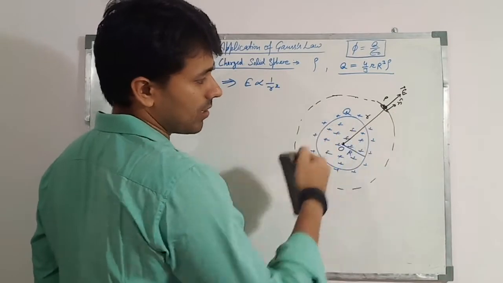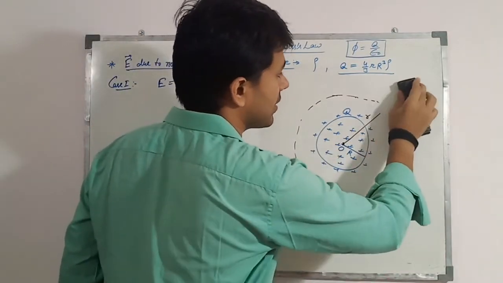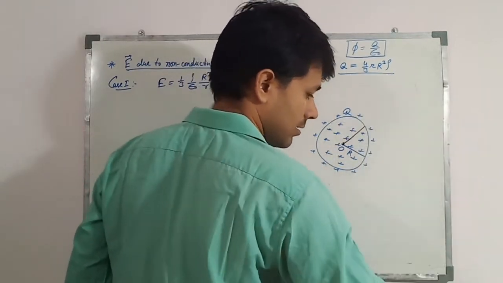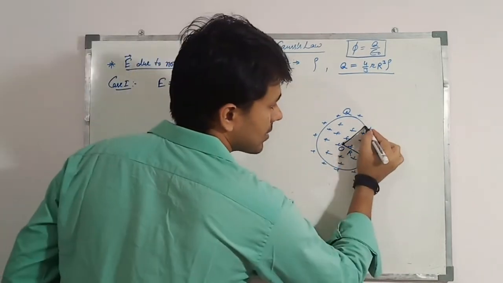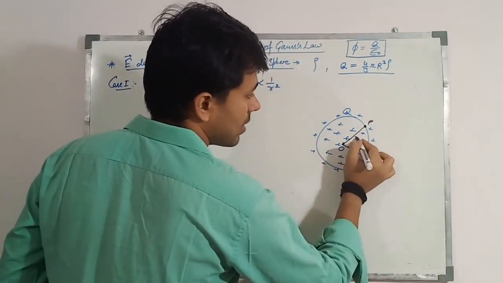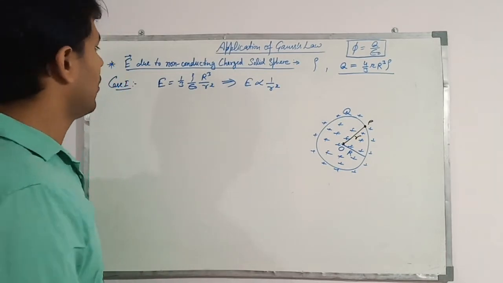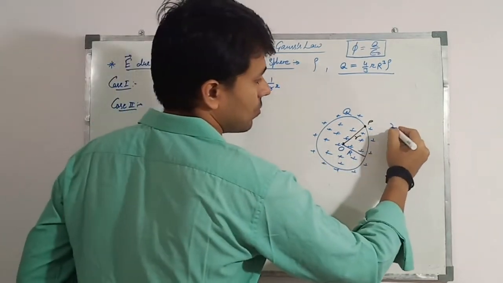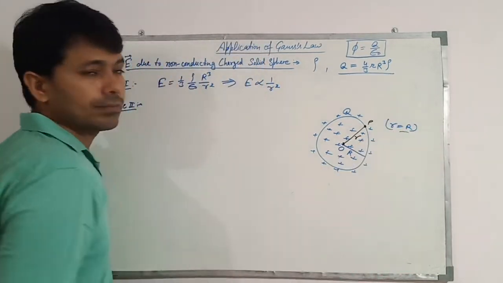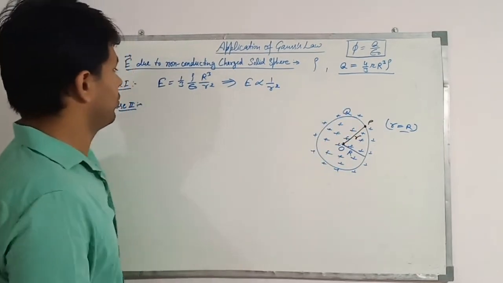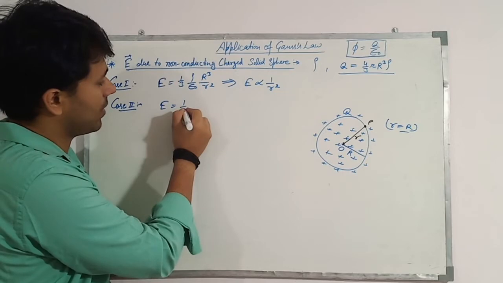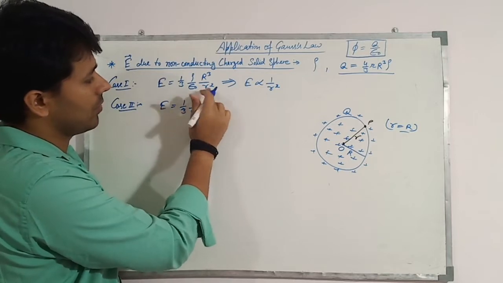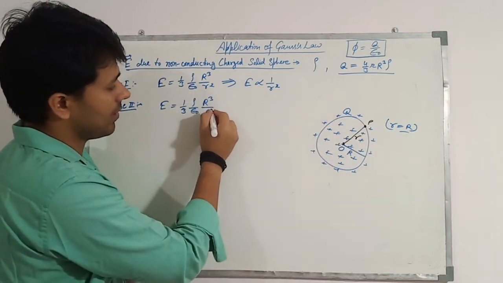Now for the second case, when point P lies on the surface of the solid sphere. Let's say this is the point P, and this is R. For this case 2, we can see that small r is equal to capital R. The charge is Q. So the electric field is 1 by 3 rho upon epsilon naught R cube, and since small r is equal to capital R, we can write it as R square.